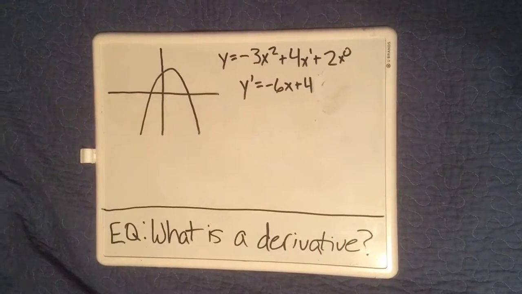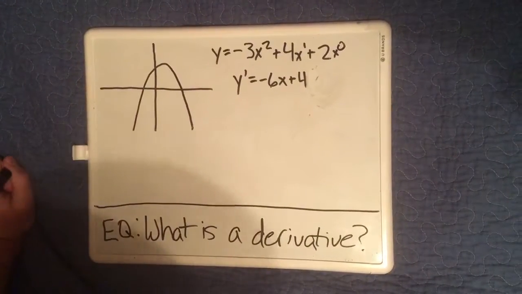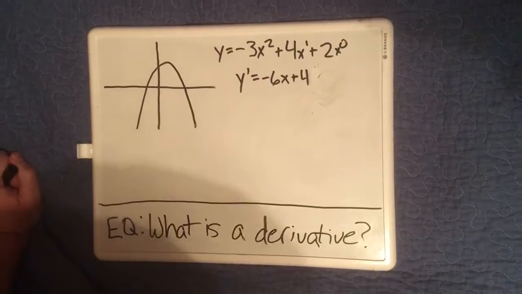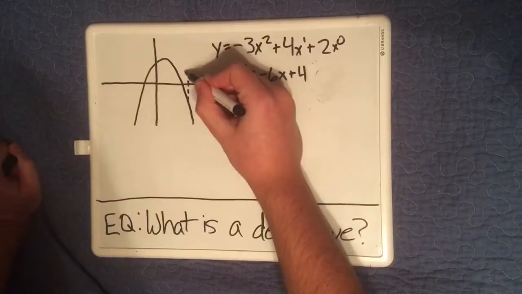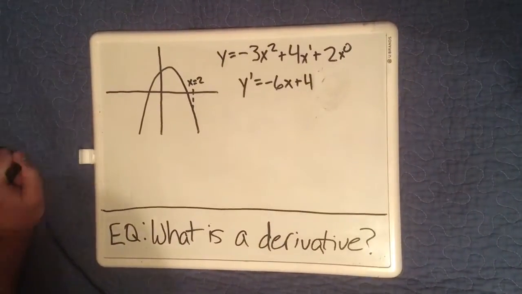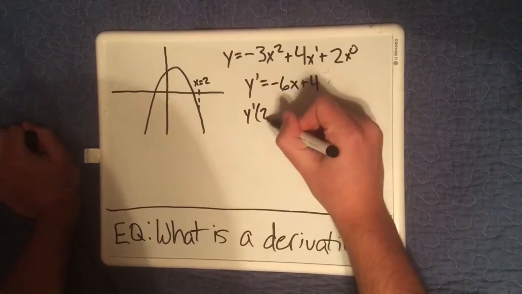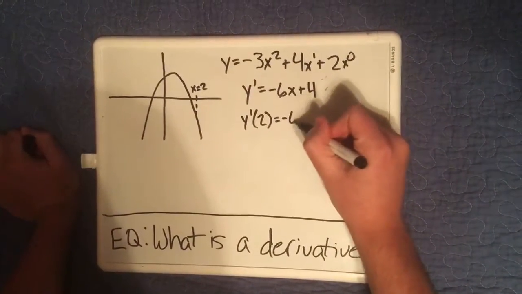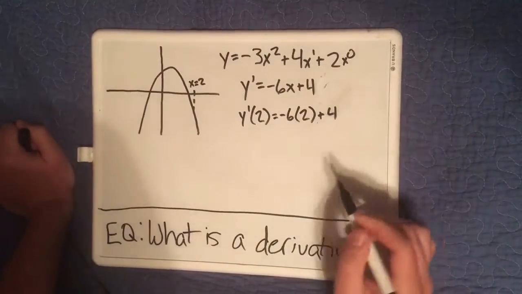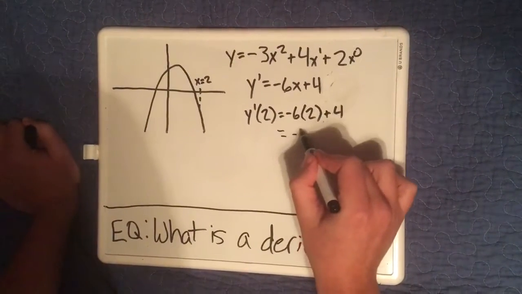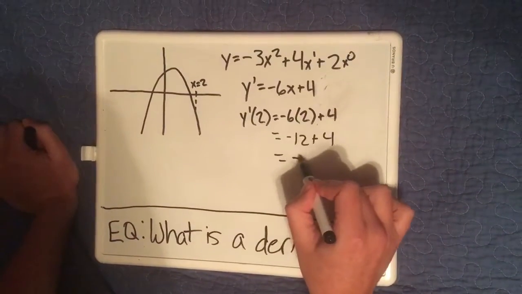So let's do it for x equals 2, which on the calculator is roughly about right here. y prime of 2 would equal negative 6 times 2 plus 4, which is equal to negative 12 plus 4, which is equal to negative 8.